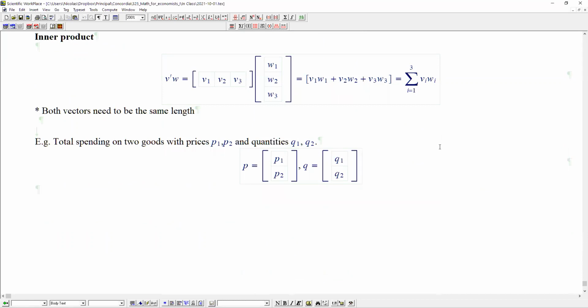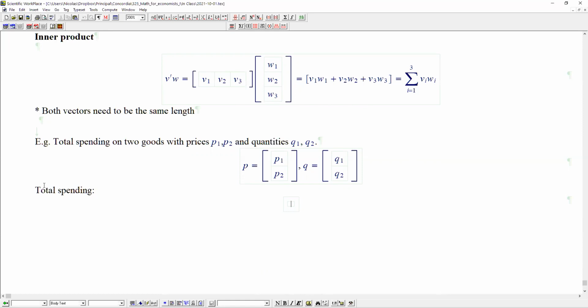So total spending is what is it? Would it be P1 Q1 plus P2 times Q2? Yes, exactly. So how would I write it in terms of inner product?